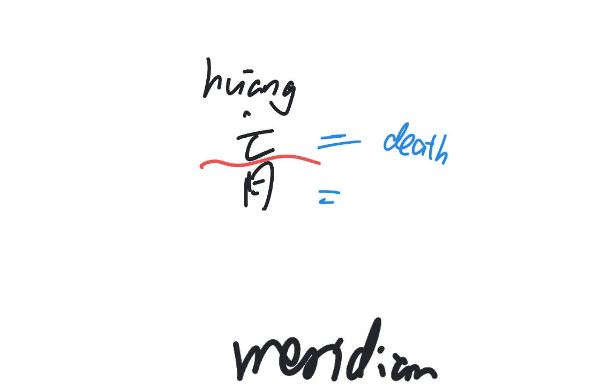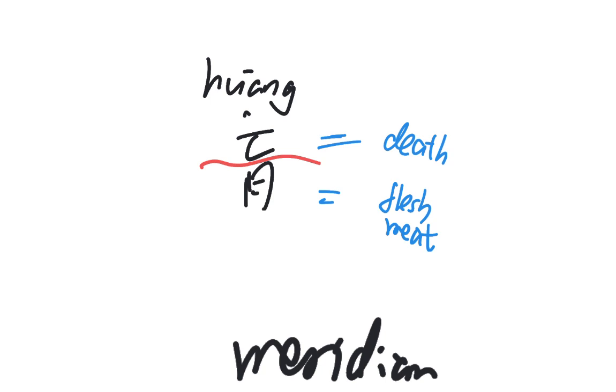The second one means flesh, meat. Together they mean dead meat, dead flesh. In one way, it tells us the severity of the disease. So if the disease is very severe, then that point is kind of an indication of it.